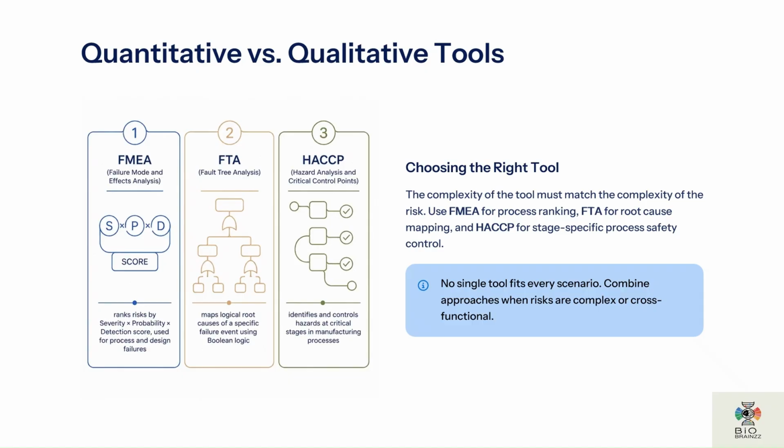HACCP is commonly used to identify hazards and establish critical control points within a process. An important lesson is that no single tool works for every situation. Organizations should select the tool that best matches the complexity of the risk being evaluated.